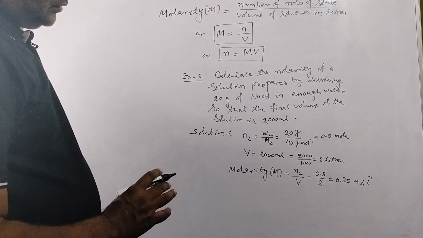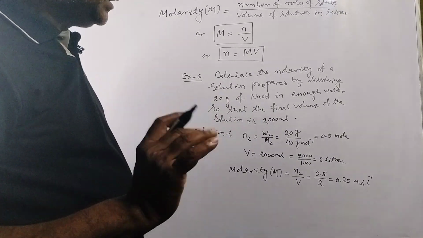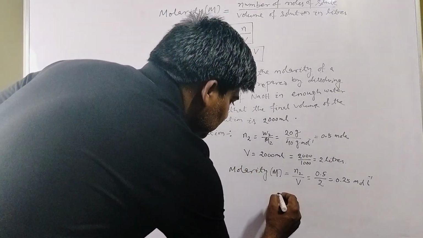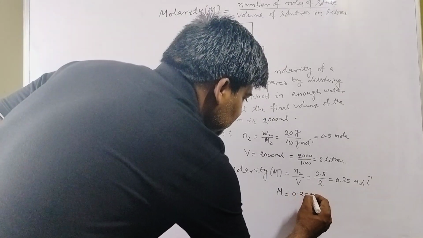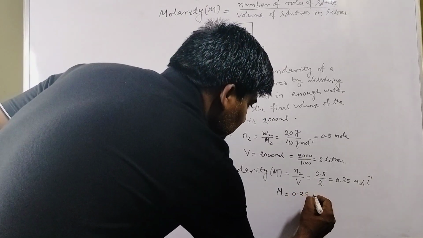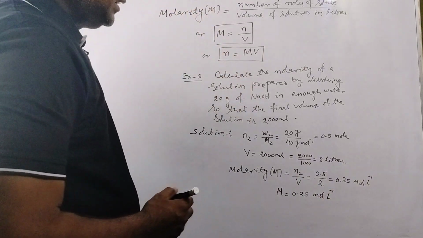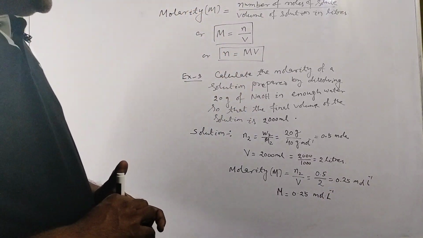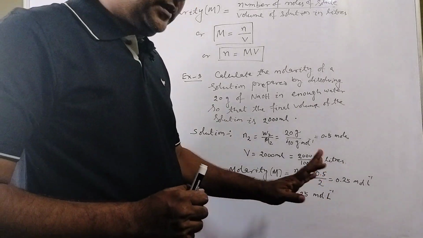Okay, so always don't forget to write the units. So finally we got molarity is equal to 0.25 mole per liter. This is the final answer. Okay, so the unit of molarity is mole per liter.